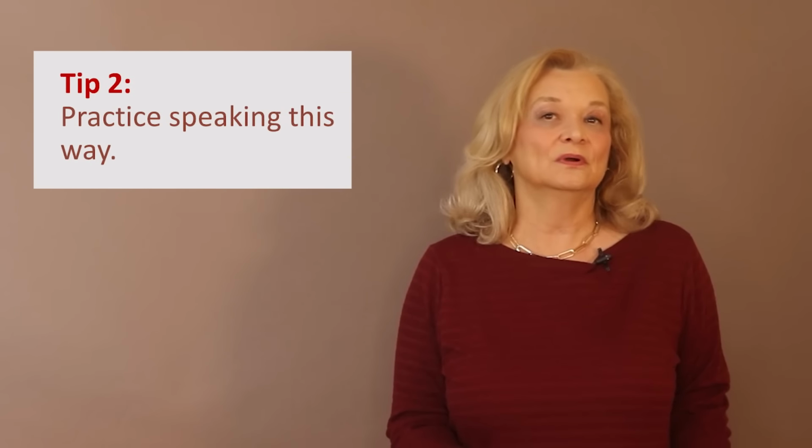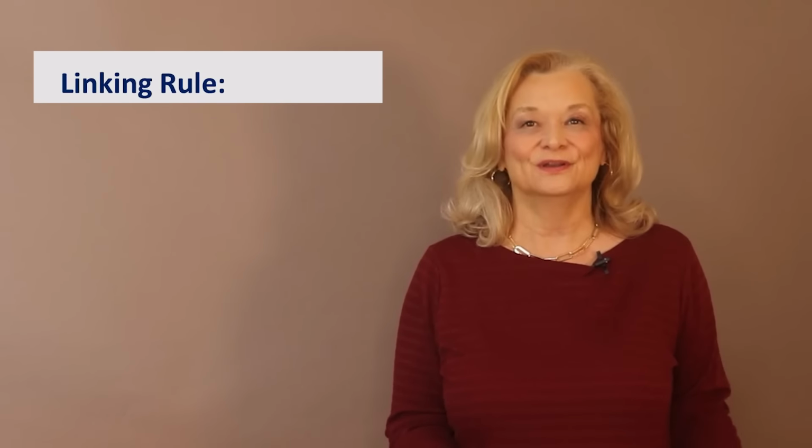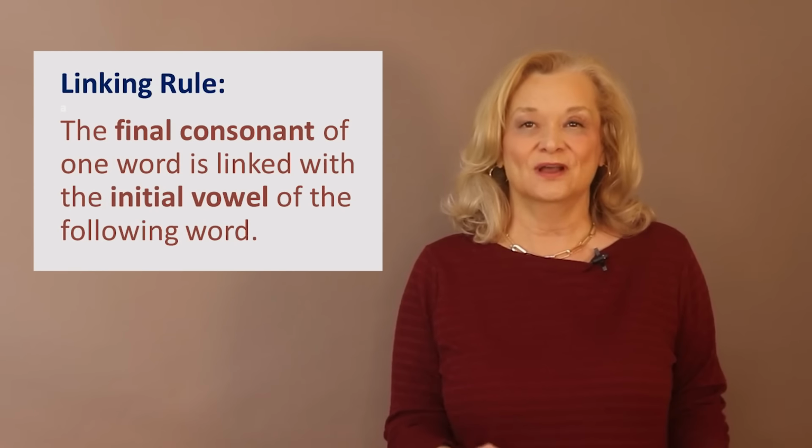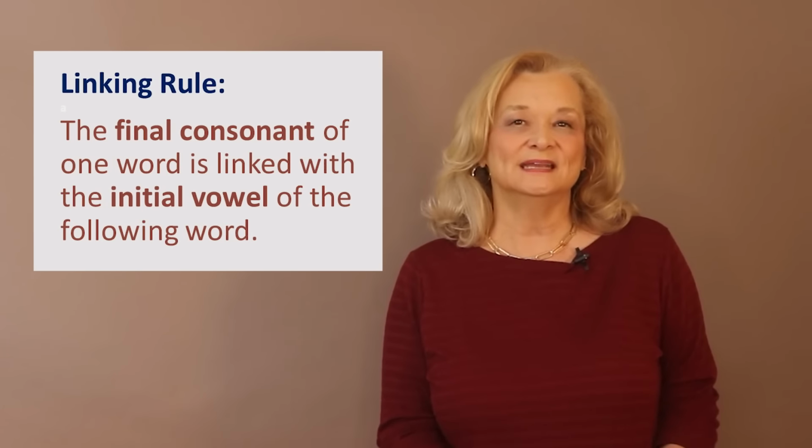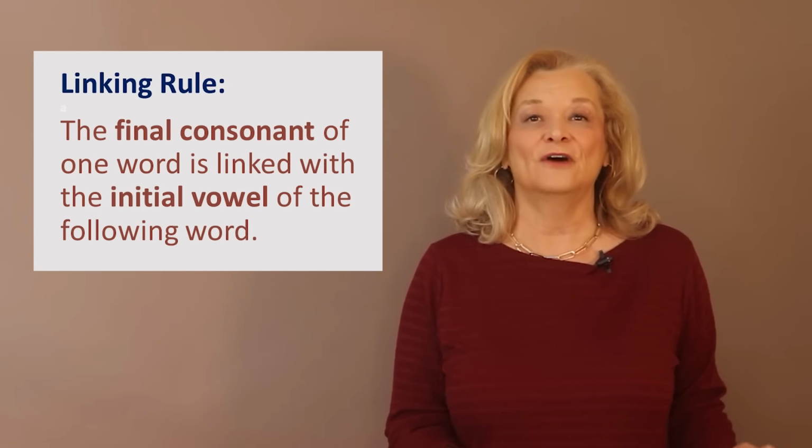Here's one rule, or we can call it one pattern of linking. The final consonant of one word is linked to the initial vowel of the following word. For example, we don't say first of all, we say first of all, first of all.